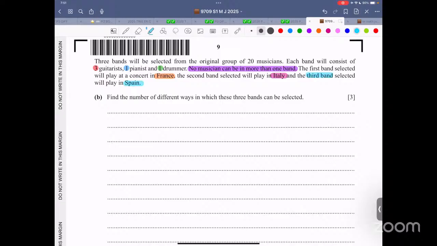So third band in Spain, and then second band in Italy, and then first band, they will play in France. Now, find the number of different ways in which the 3 bands can be selected. Of course, they have given lesser marks. That's not the issue. They have given us lesser marks because it's kind of difficult, because there is location involved, no musician can be in more than one band, and so on.